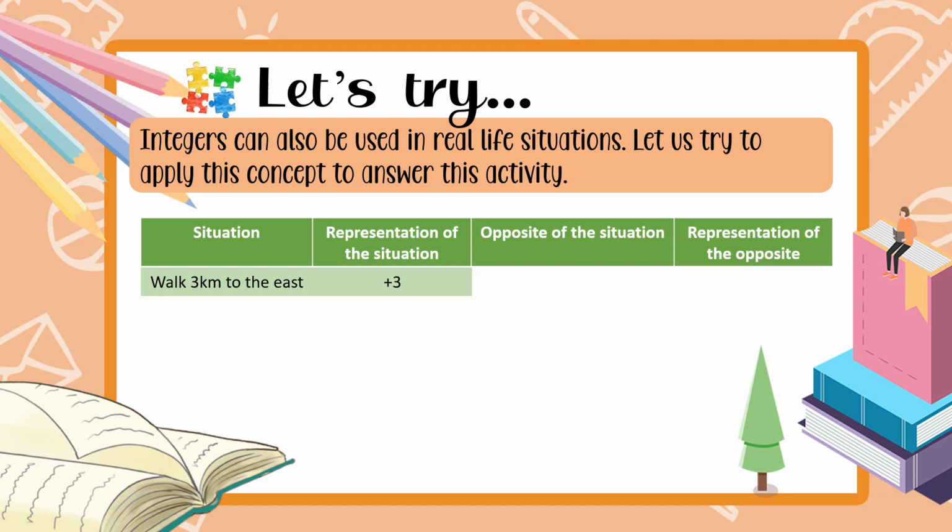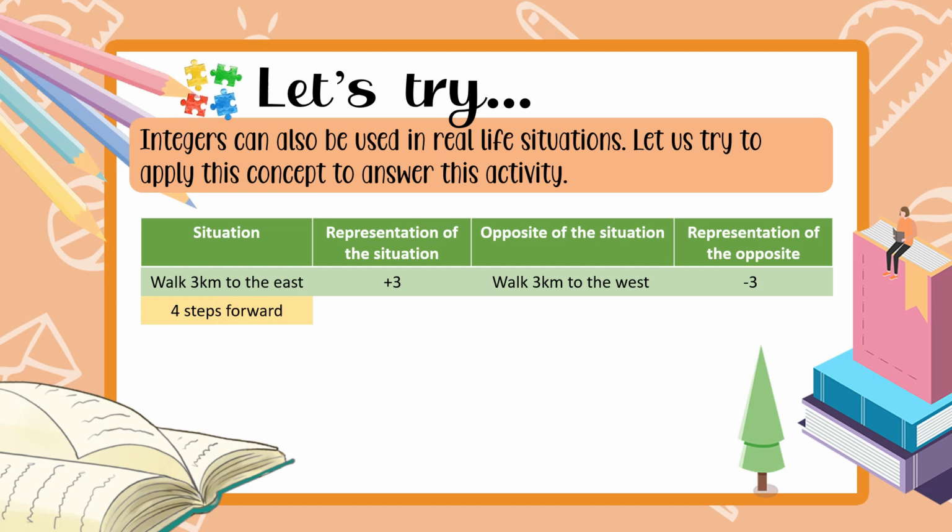And the opposite of the situation is walk 3 kilometers, siyempre, dun sa kabila ng east, which is west. And the representation of the opposite, si west ay nasa kaliwa. And ang nasa kaliwa is the negative numbers. Kaya, the representation is negative 3.